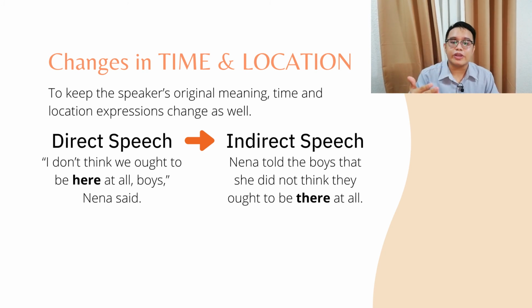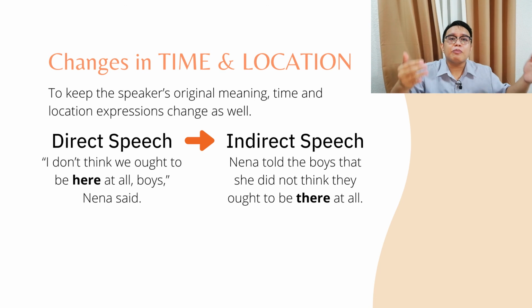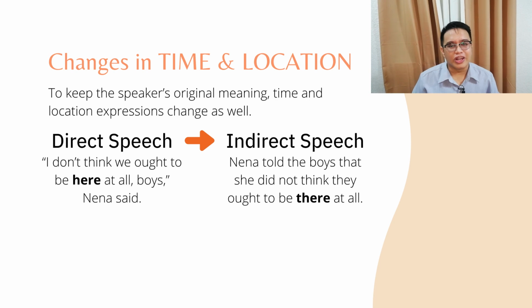So, Nana told the boys that she did not think, mahimo siyang past tense, ang do not think that they ought to be, dili here, kay dili man ta pareha og here ni Nena. Lahi man ang here ni Nena. Lahi po ang ato ang here. That's why we have to change that one from here to there. So, she did not think that they ought to be there at all.